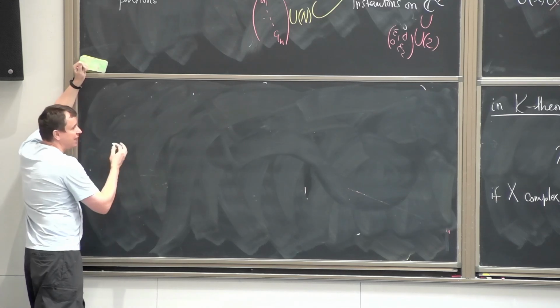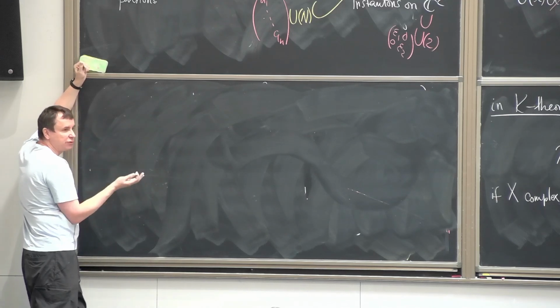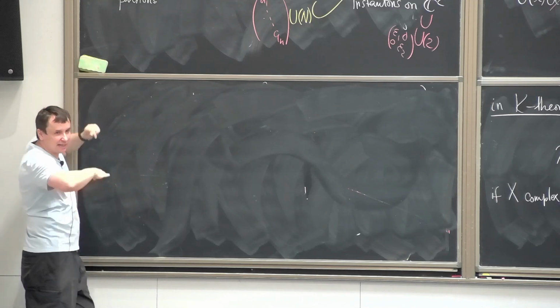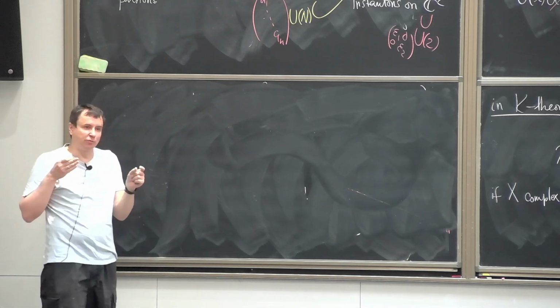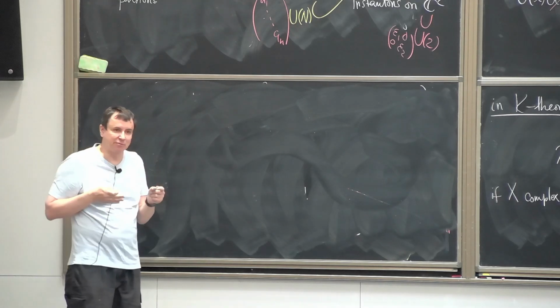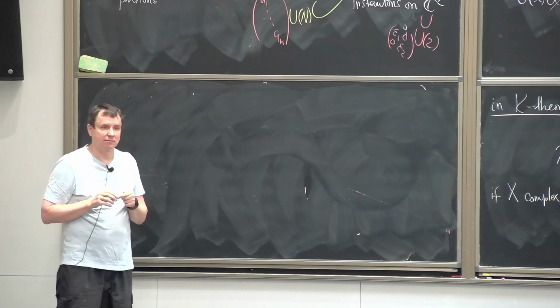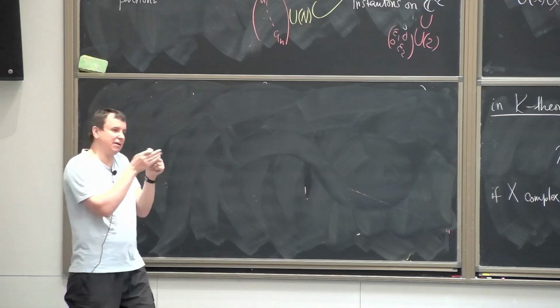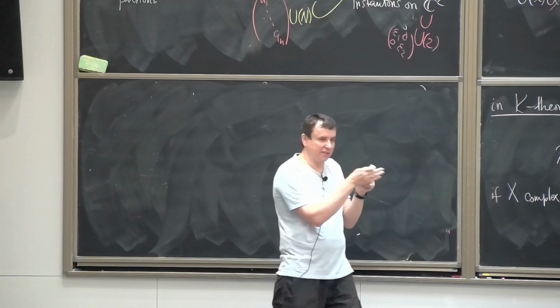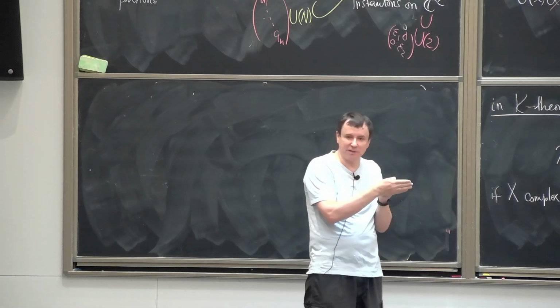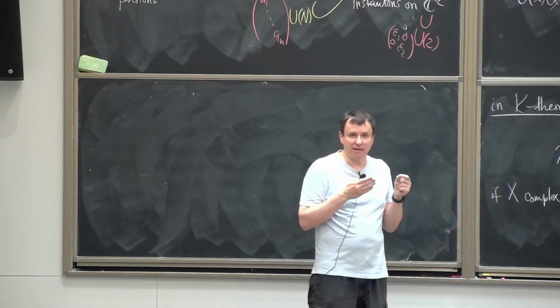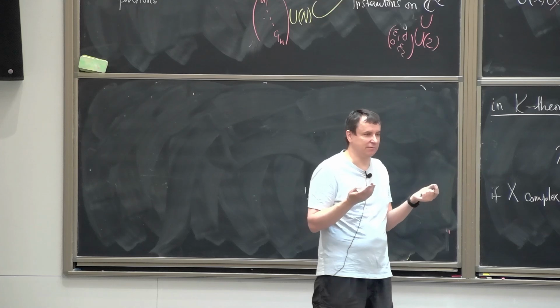Suppose I want to prove some function is a constant function on the group, it's enough to prove it for any one parameter subgroup. Right? So if I want to prove that some representation of my group is trivial, it's enough to prove that for any one parameter subgroup I have a trivial action, right?